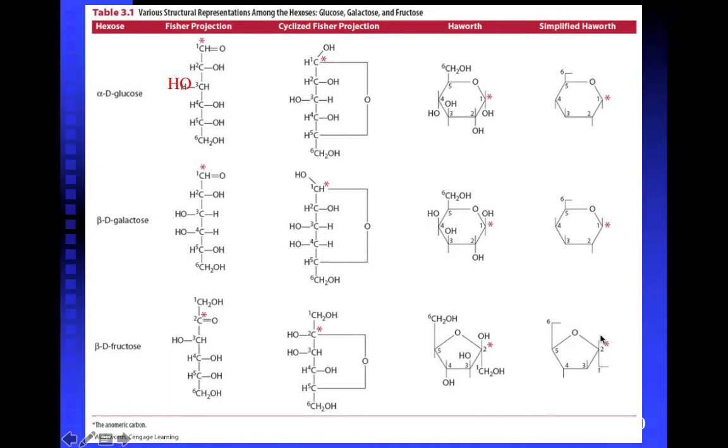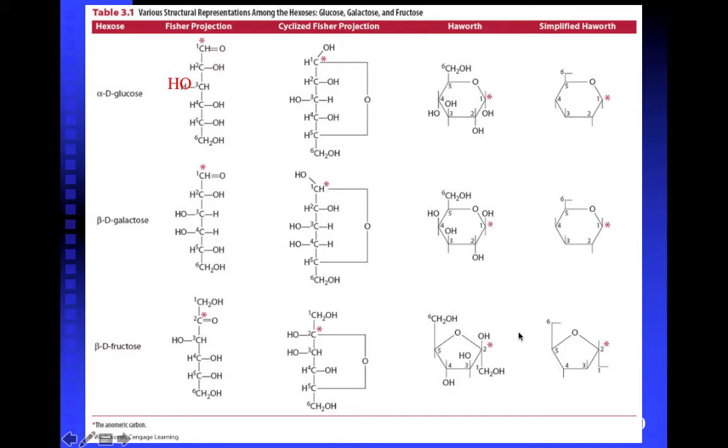Now this could be flipped, where you would draw your line going up and then your angle here. If it's like that, then it's alpha, because in that case the hydroxyl group would be down. Now here we tend to draw it like this. Remember, we do not extend this line through carbon number 5. There's not a hydroxyl group there. And in this case we can draw that going up, and here's carbon number 6 and our CH2OH here. That's typically the way we draw that.